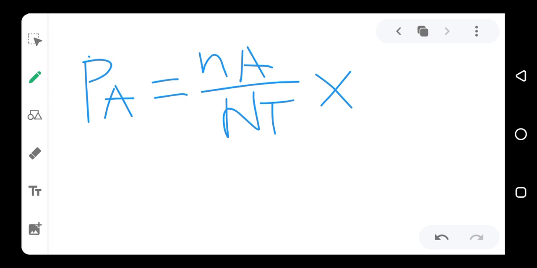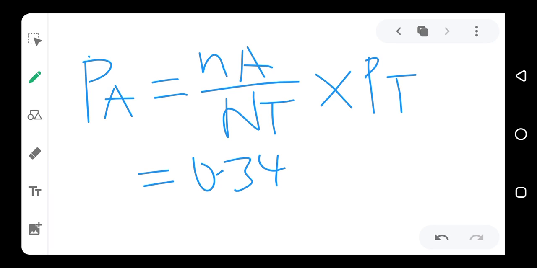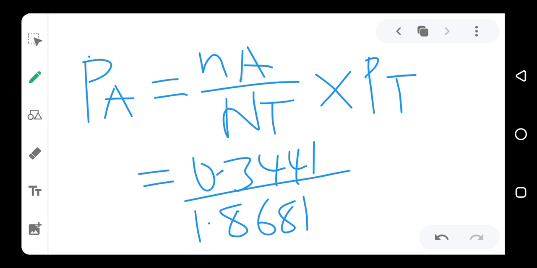Now we can look for Pa. Partial pressure of gas A is now equal to number of moles of gas A over total number of moles multiplied by total pressure, which is equal to 0.3441 over the total number of moles, 1.8681, then multiplied by 2.2 times 10 raised to power 4.